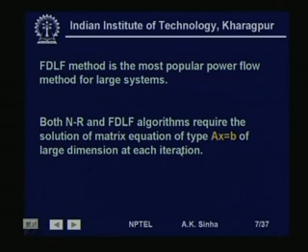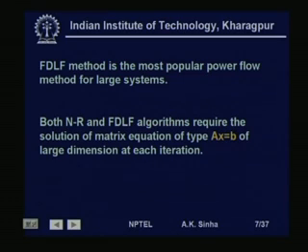This is the major problem that both these methods face, that they need to solve a large set of matrix equation of the type A x is equal to b, where A is a Jacobian matrix or B dash matrix, B double dash matrix in case of fast decoupled load flow. X is the vector of unknowns, that is voltage magnitude and voltage phase angles, and b is the mismatches, that is delta p and delta q.